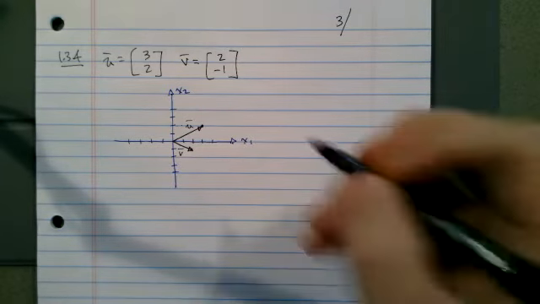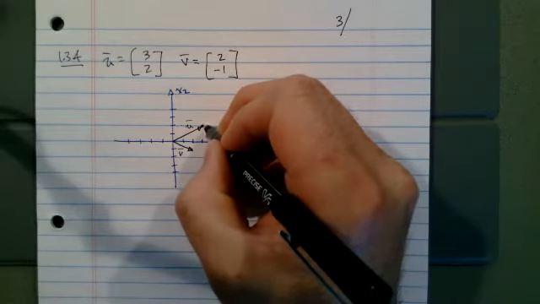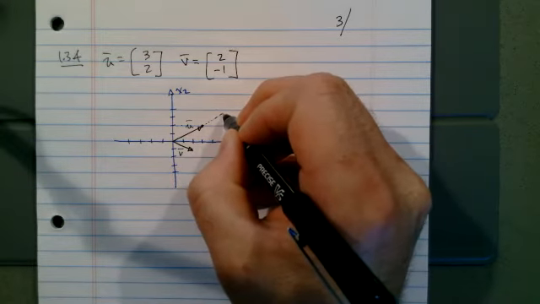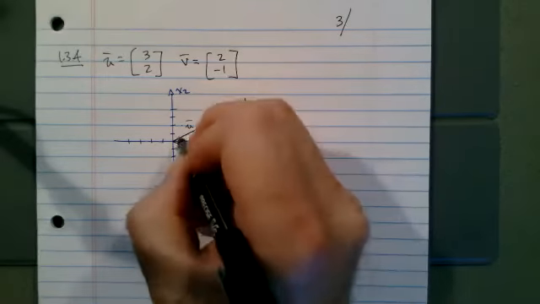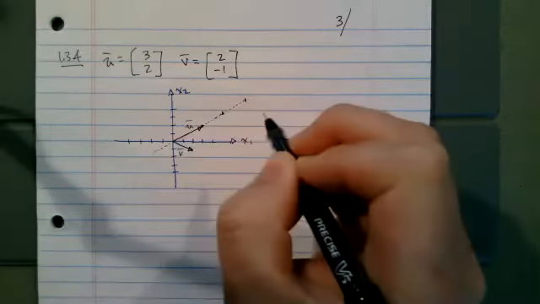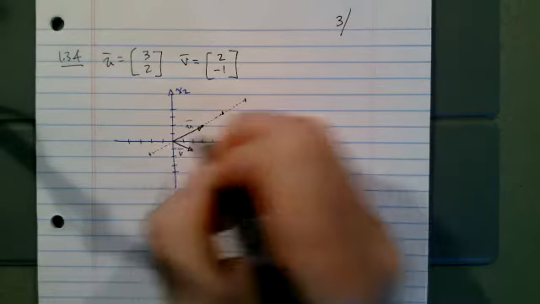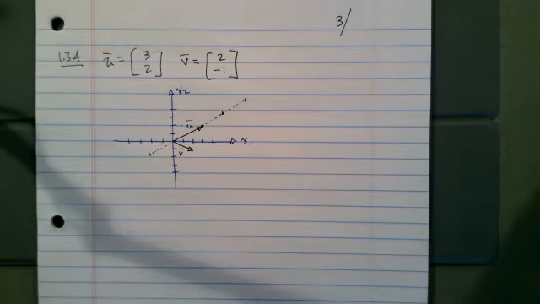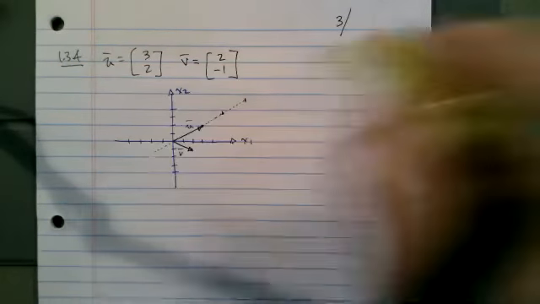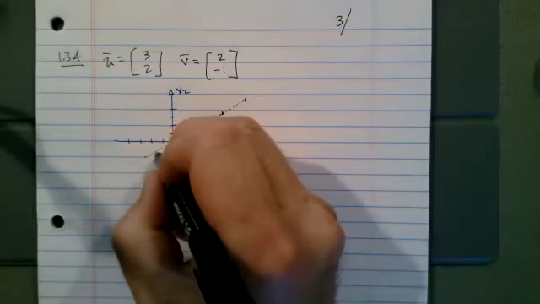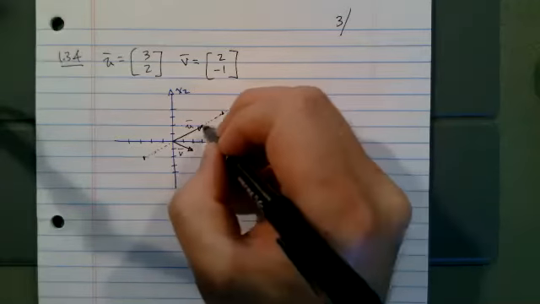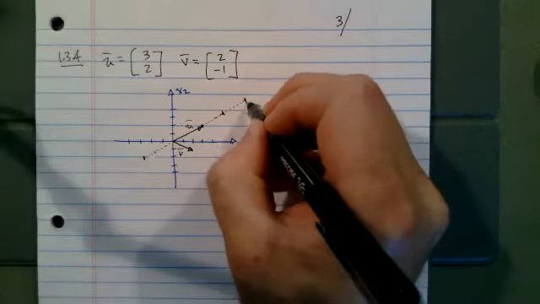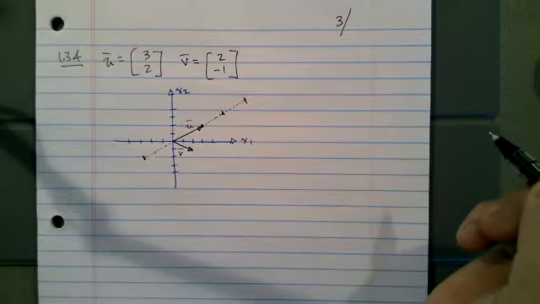So I can look at U, and then 2U is just going to be another copy of U out here, and then 3U will be another copy of U out here, and negative U will be another copy of U going in the other direction. So we're creating a new grid.